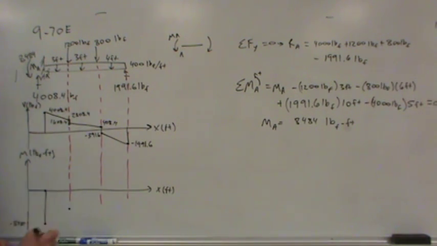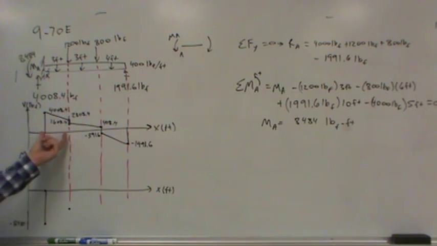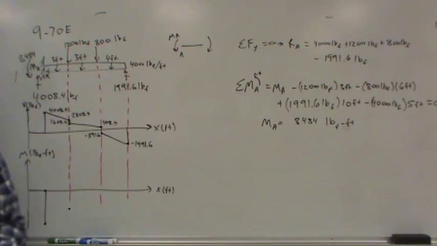The easiest way to do that is to take 4008.4 plus 2808.4 divided by 2 and multiply by 3 feet. Okay, to calculate this area. If I had a calculator, I'd do it with you. Actually, wait a second, I've got a whole computer right here.